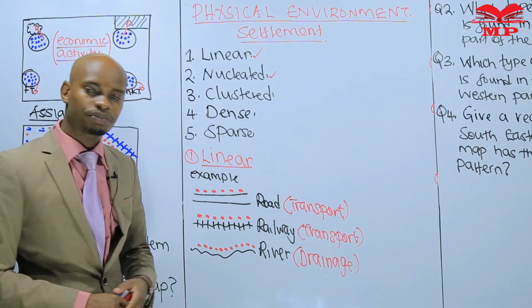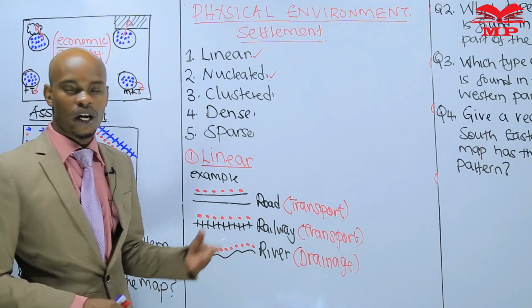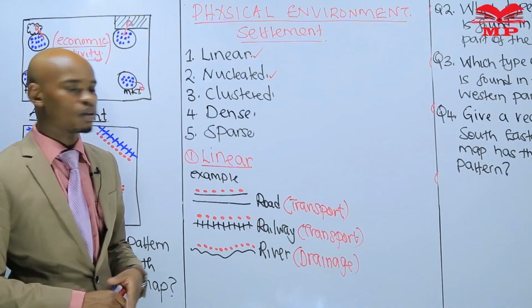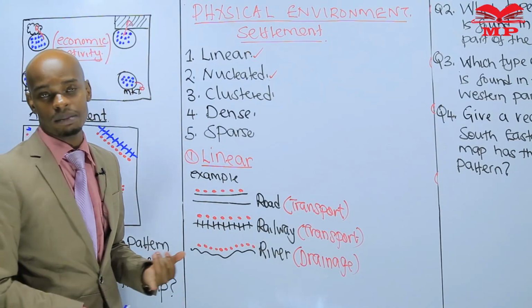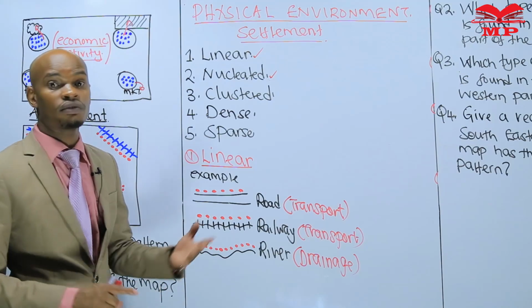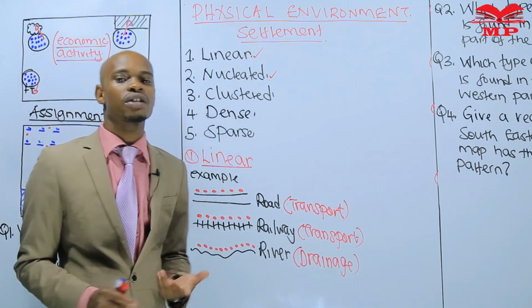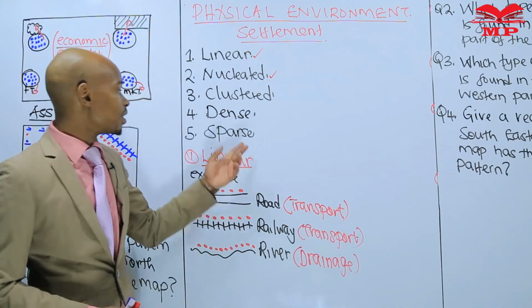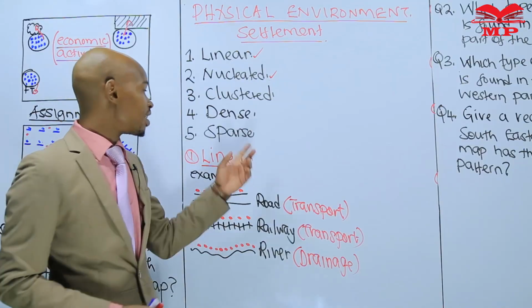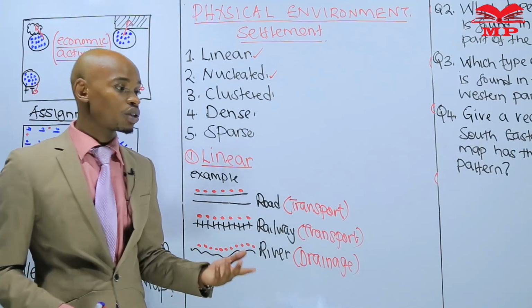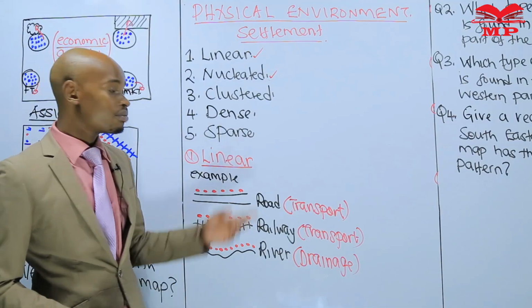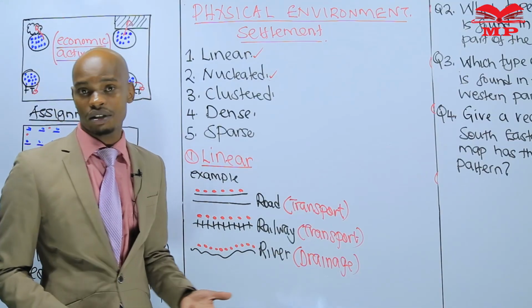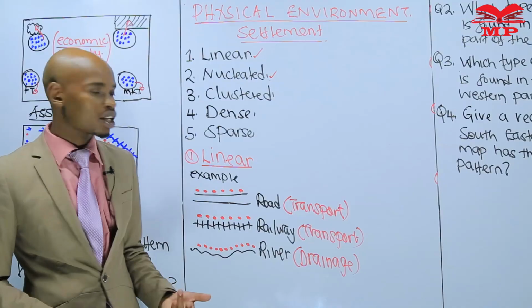And sparse. Sparse is where we have very few people. It's a scarce type of settlement where we have very few people. Perhaps because there is hostile climate, no rainfall, or very little rainfall that cannot support crop farming. Maybe there are no fertile soils. Maybe there is insecurity, like that posed by the Al-Shabaab terrorists. Maybe those areas are prone to floods, like Budalangi.